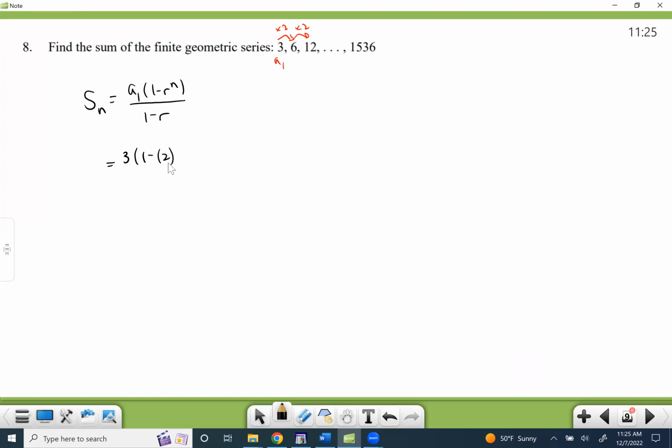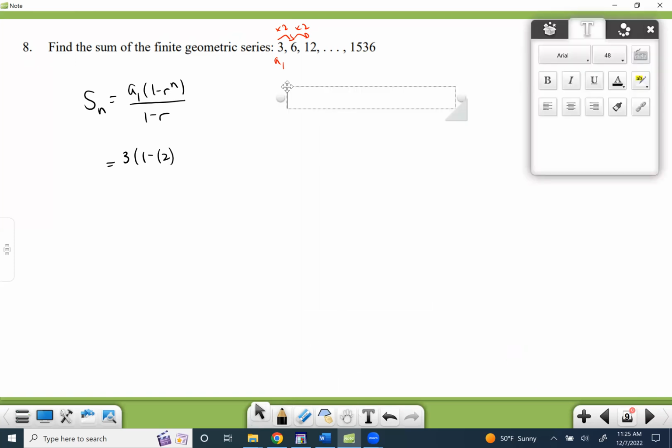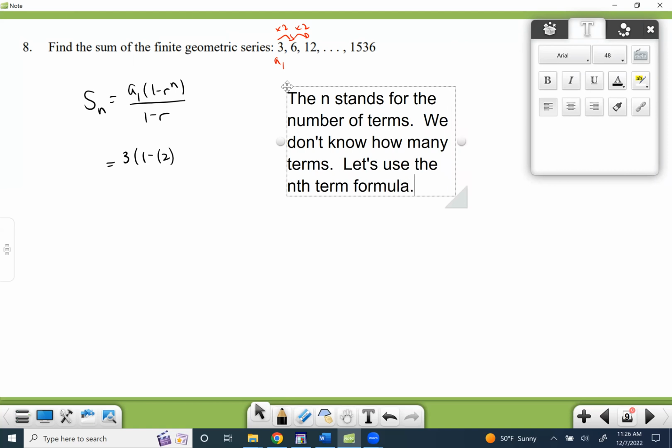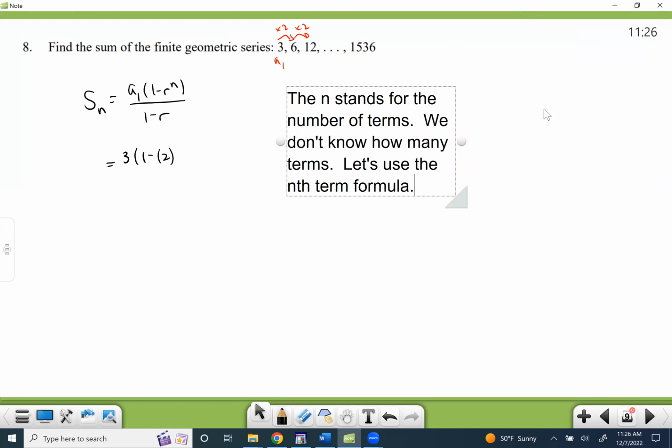The thing I don't know is what the n is. Remember, the n stands for the number of terms. I don't know how many terms are in this sequence. So let's use the nth term formula. Not the sum, but the one that helps us find the nth term.